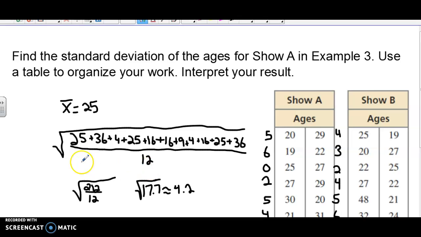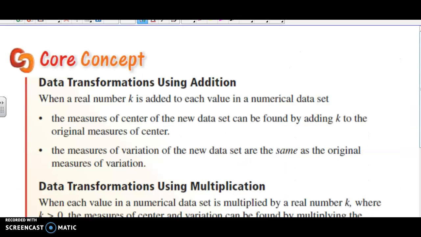And there's just one more thing we have to do, which is talking about data transformations using addition and using multiplication. Basically all it's saying is, when a real number k is added to each value in a numerical data set, the measures of center of the new data set can be found by just adding that value to the original measures of center.